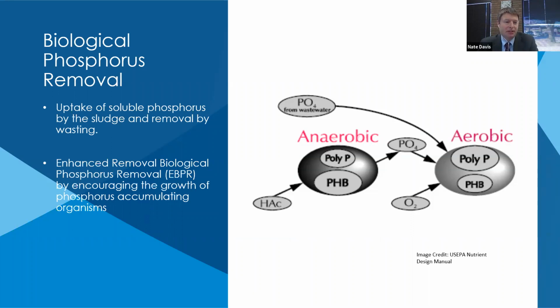To get enhanced biological phosphorus removal, we encourage the growth of some special microorganisms that accumulate excess phosphorus, and they allow us to get that percent phosphorus up to somewhere in the range of 2 to 5%, or even higher if you've got the right chemistry coming into your plant. So what happens in this system is we use an anaerobic reactor to create a zone that encourages the growth of these microorganisms, because they have a competitive advantage whenever there's a lack of oxygen and a lack of nitrate.